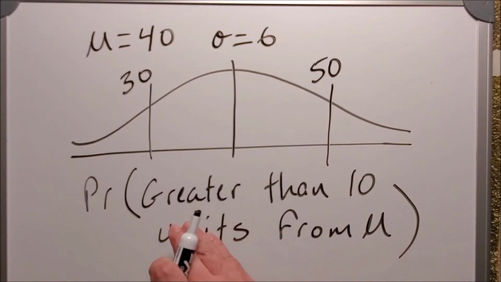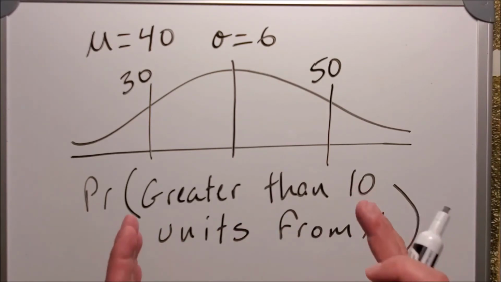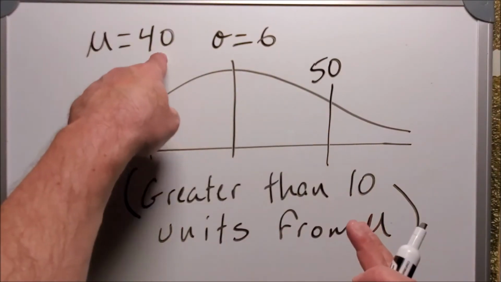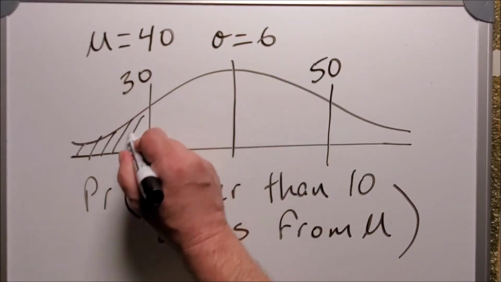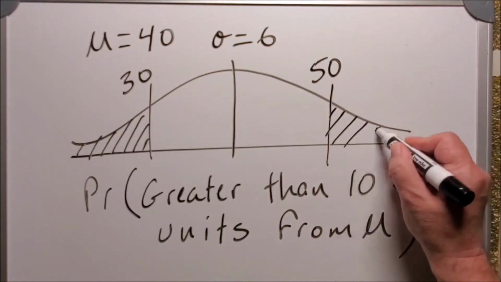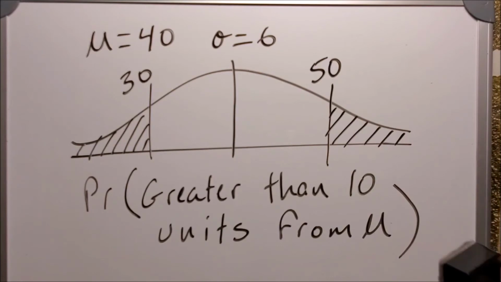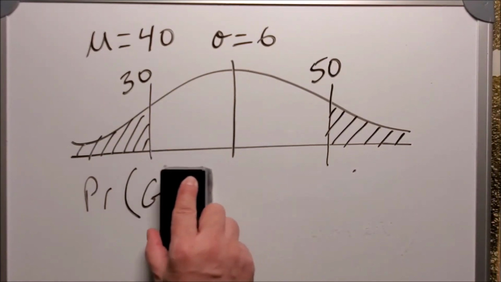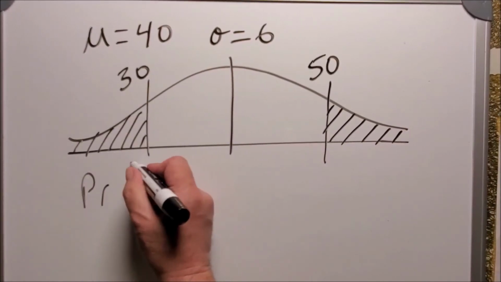It's really asking you, what's the proportion of the distribution outside of a radius of 10 units from the mean 40? So what we want is all the area that's greater than 10 units from 40. We can think of greater as being like an inequality. Watch what I'm going to write now. I'm going to rephrase this question in math language.